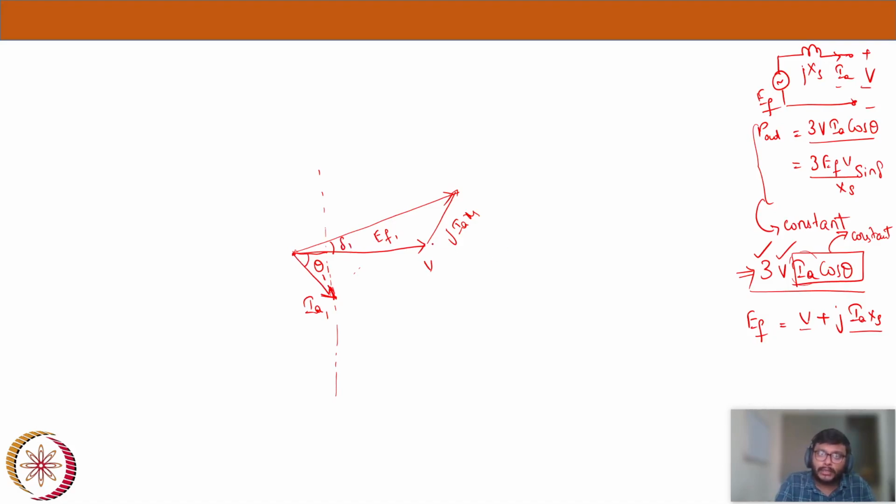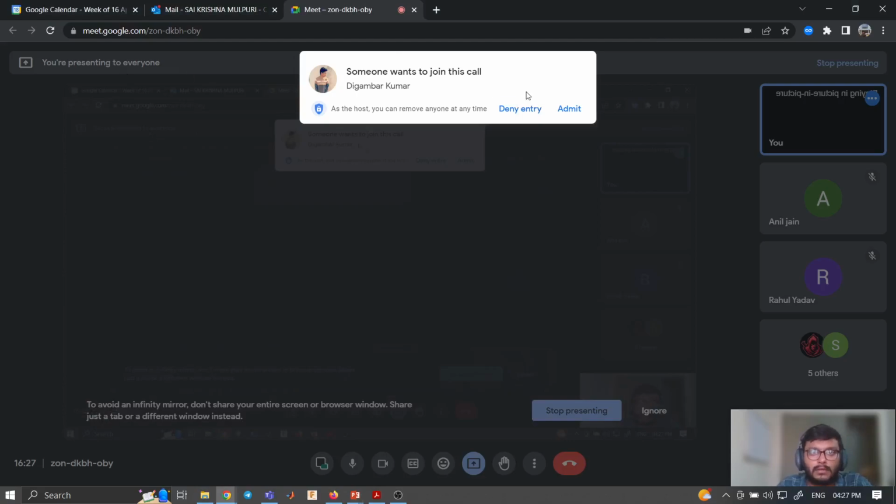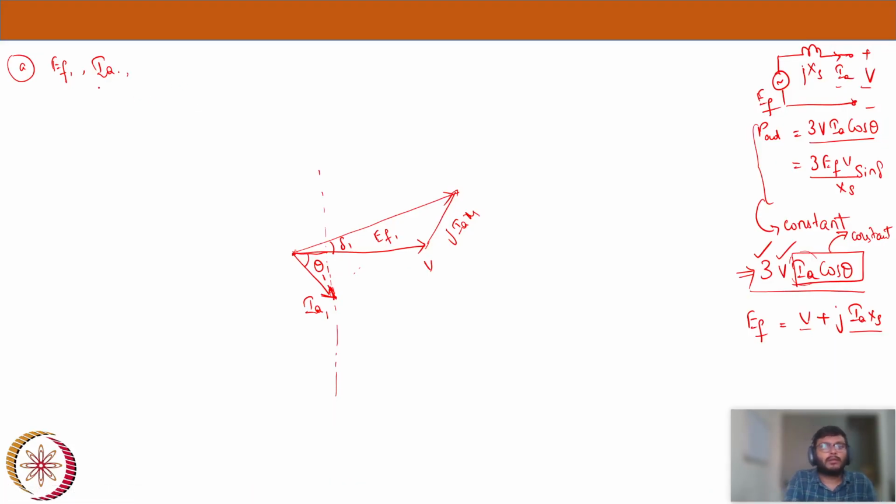Now we have got all the parameters, all the operating points in the initial condition. What are the parameters here? EF1, IA1, theta 1, delta 1, and V. Anyhow, V is constant.